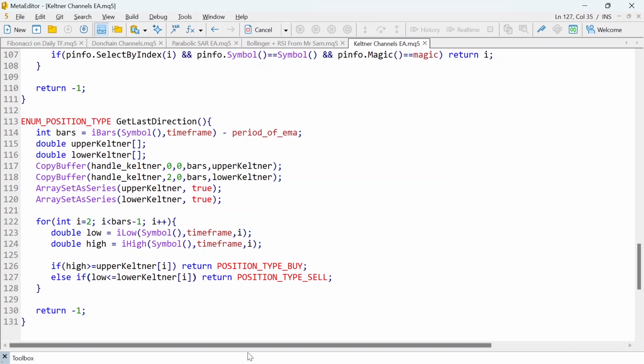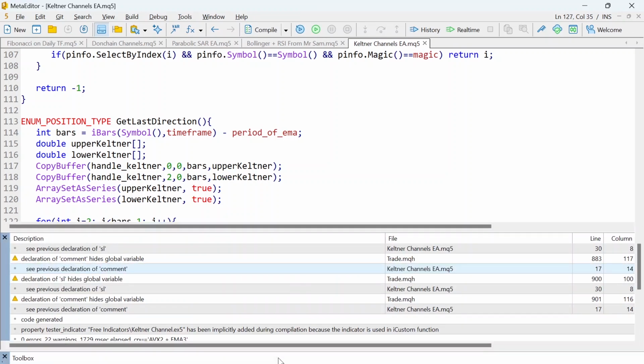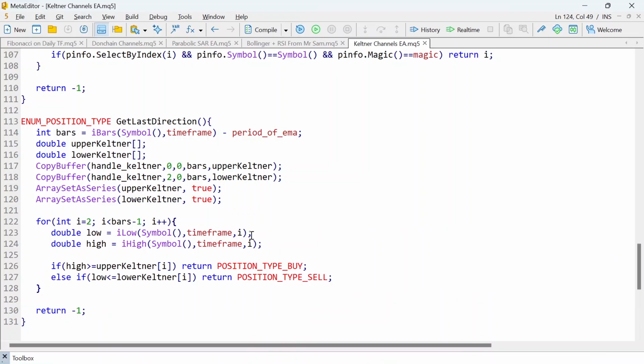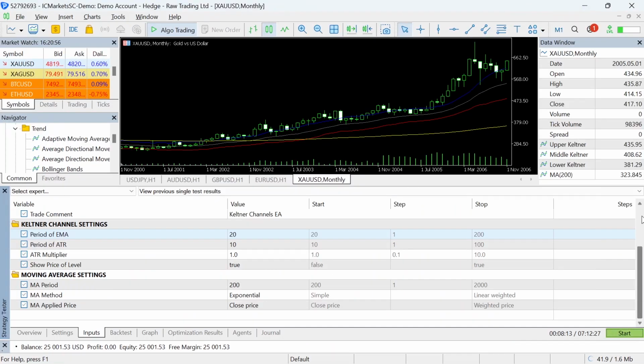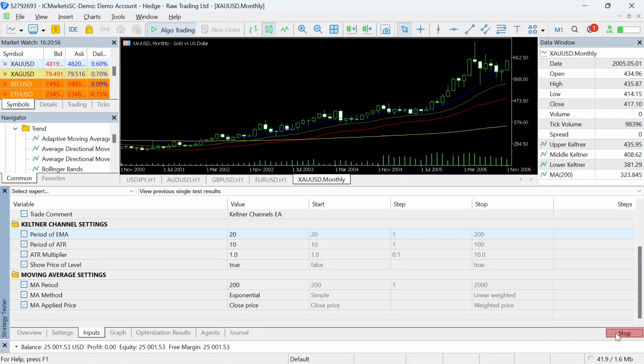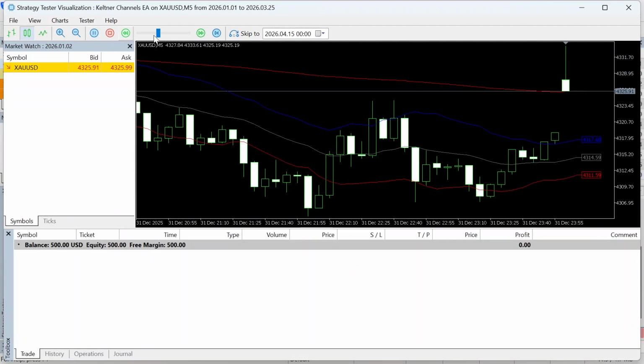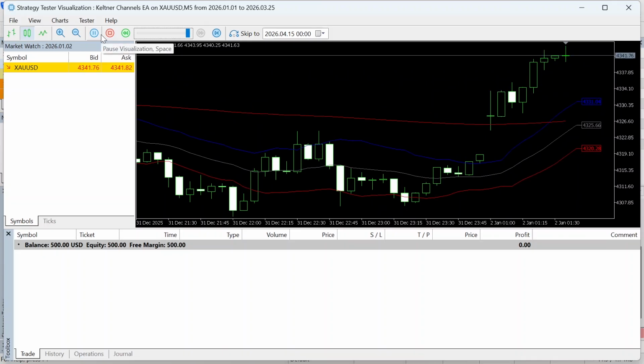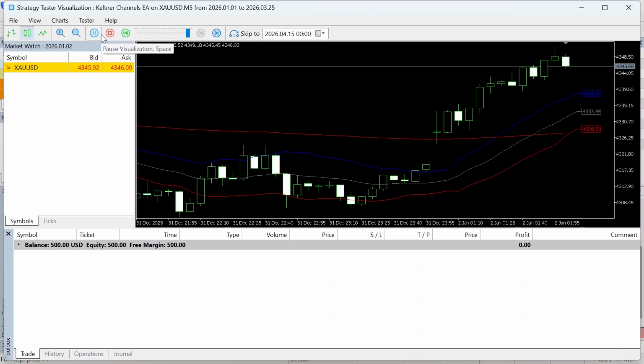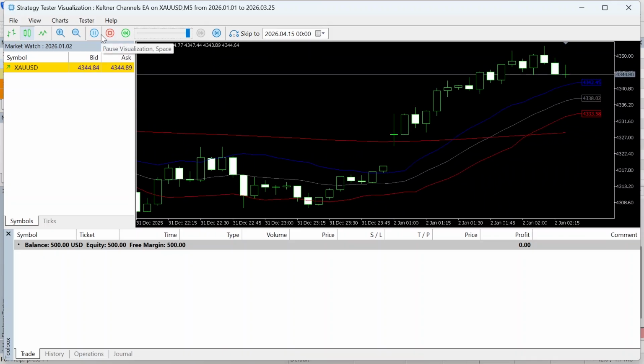So I'll just save and compile, because it's taking too long to enter a position that should have gone into profit. So I'll just start again. So let me start again.